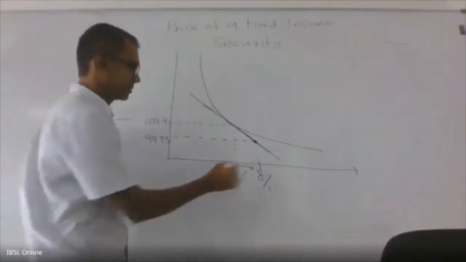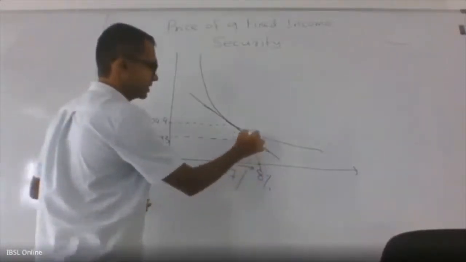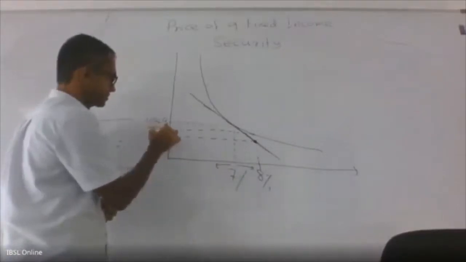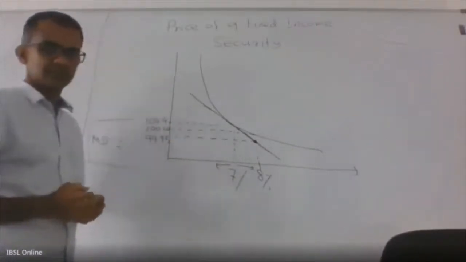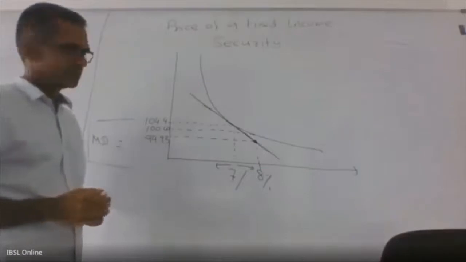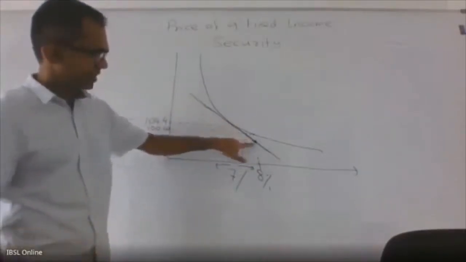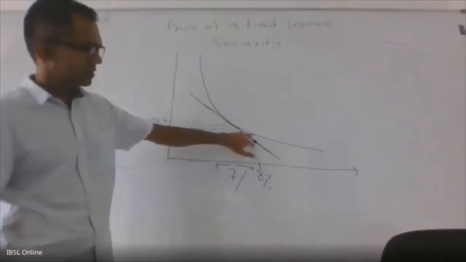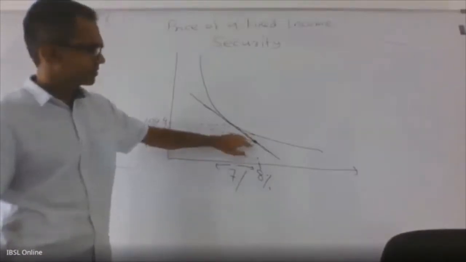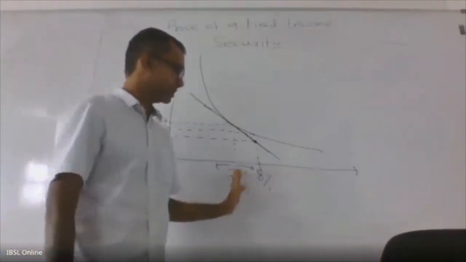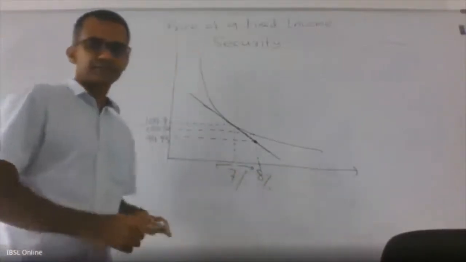But at 8%, the exact price is 100. Since we are using that approximation, we get a much lower price than the actual price when we go to the right, that means when we increase the yield.